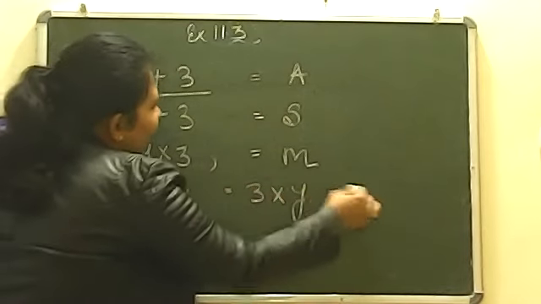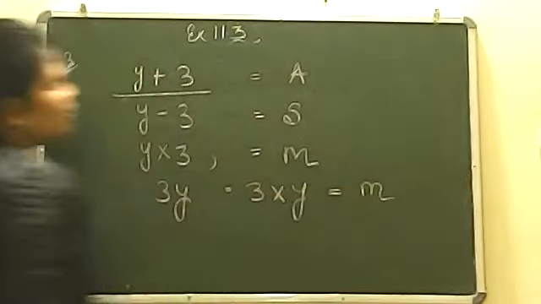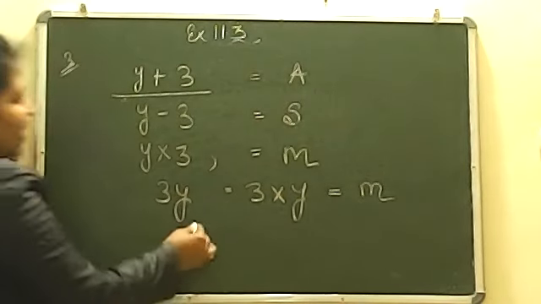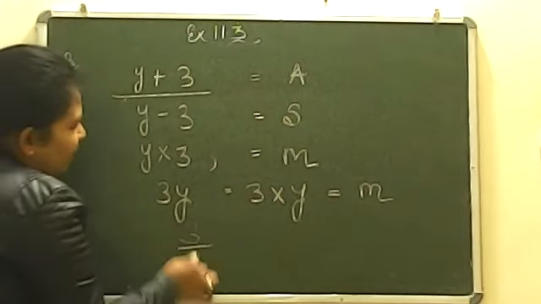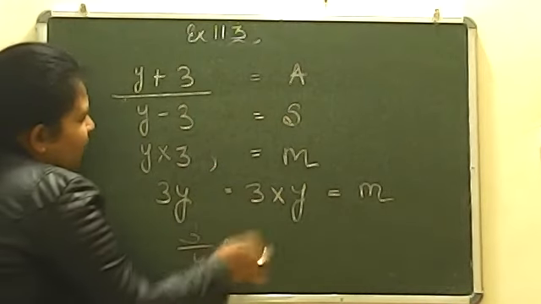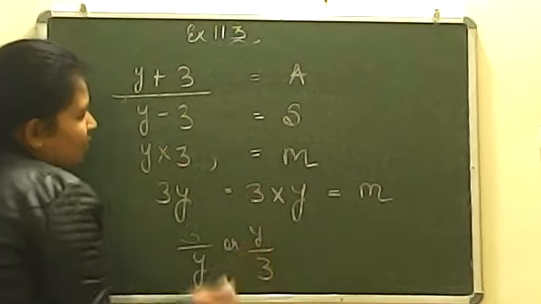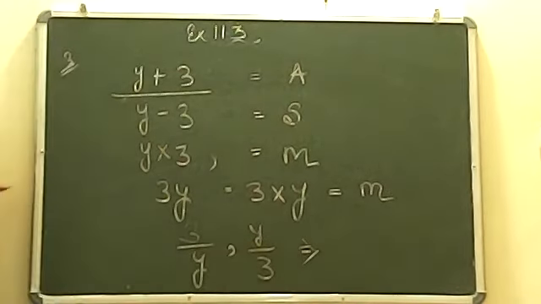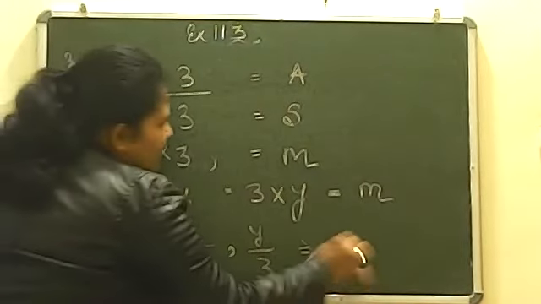And 3 into y means you have again the operator as multiplication. If you write 3 by y or you write y by 3, what operator are you finding here? Division. Very true. This is division.